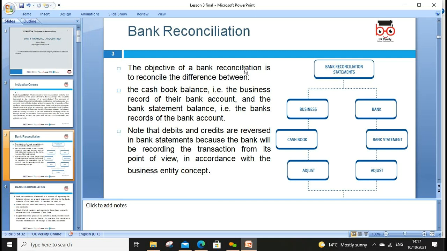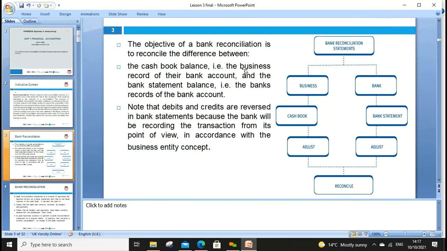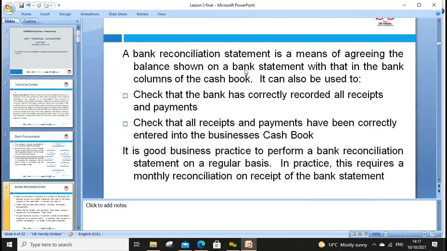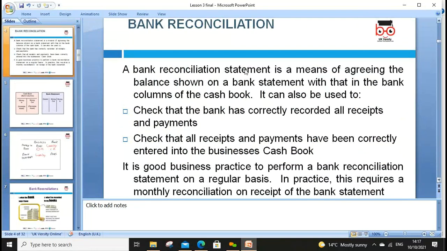Business has the cash book, the bank has the bank statement, and we adjust and reconcile balances, and these should be equal. A bank reconciliation statement means agreeing the bank balance showing on the bank statement with that in the bank column of the cash book.